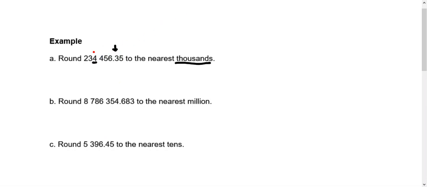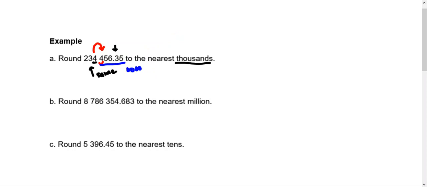Step 2 is we're going to look next door and say, is this number 5 or more or 4 or less? Hopefully you have said that it's 4 or less. So that means that this value is going to stay the same. And what will happen is the rest of these numbers are going to have zeros.